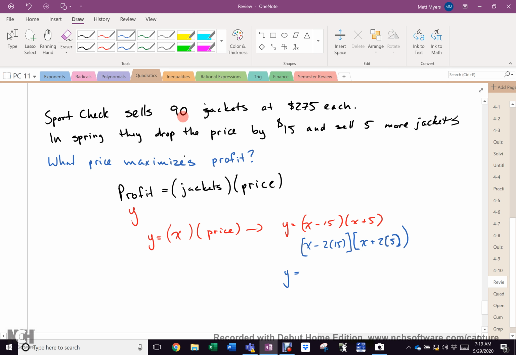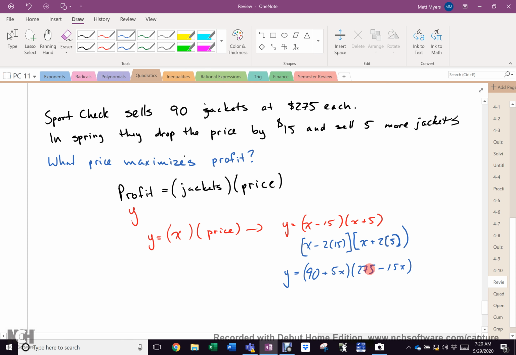How many jackets did I sell? 90 jackets plus 5x and 275 minus 15x. So if I do 1 drop of 15 in price, 275 minus 15 times 1, I'm going to sell 90 jackets plus that 1 times 5.